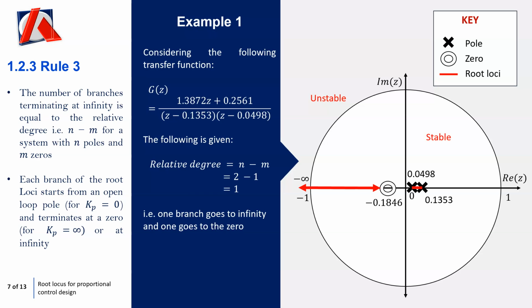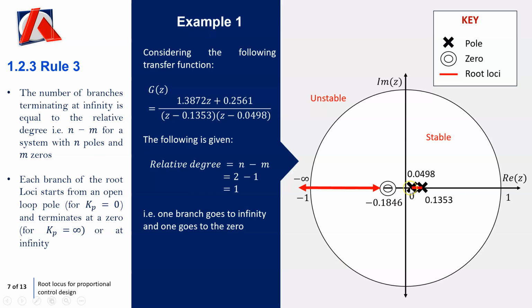So if we look at rule 3, the relative degree effectively tells us the number of branches that terminate at infinity. To use the formula, the relative degree is given by n take away m, where n is the number of poles and m is the number of zeros.